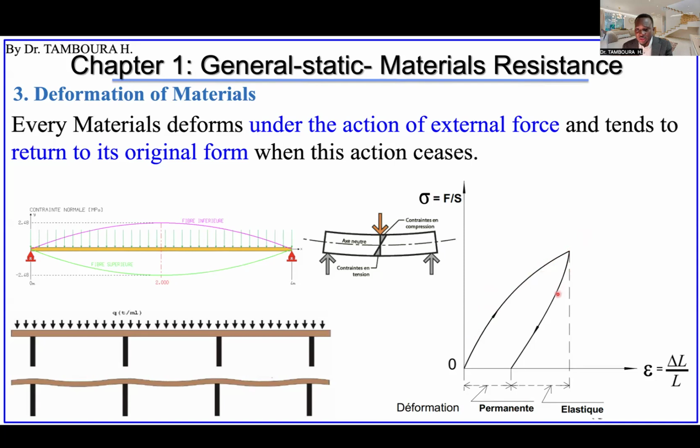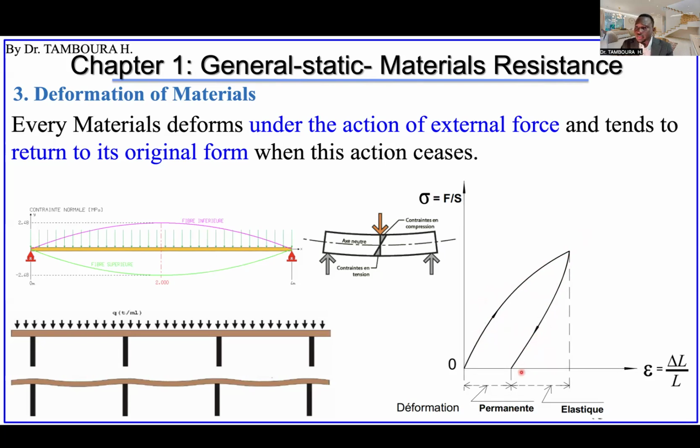So that's why we have this curve. Instead, it will not go back in this way. The material will go back in this way, and you will have another relationship between stress and deformation.